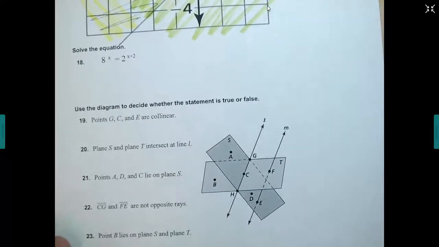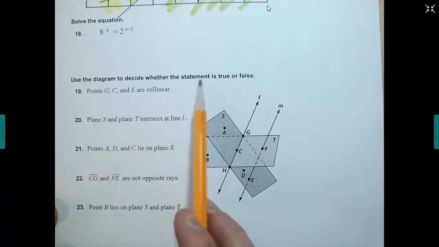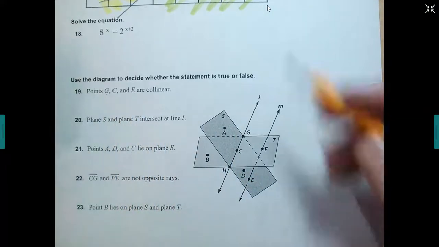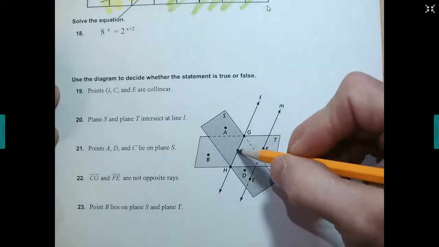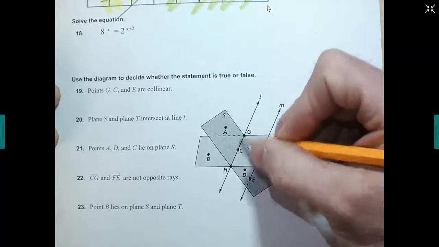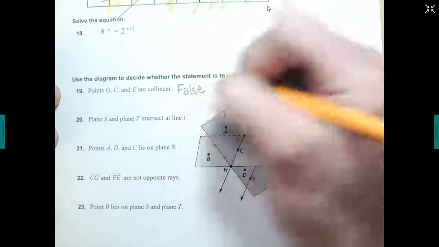All right. Use a diagram to decide whether the statement is true or false. Points G, C, and E are collinear. So I've got G, C, and E. Are they collinear? They most definitely are not.